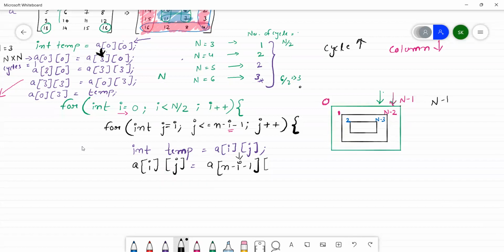And instead of 0, what can I write here? i, j, a of j. Correct. jj. The next comes your 3.